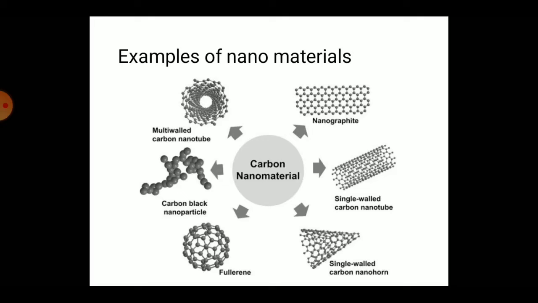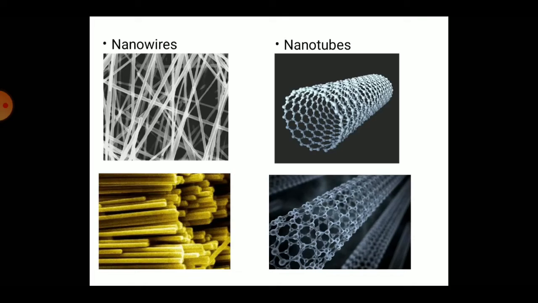So first we'll look into the examples of carbon nanomaterials which exist in different forms such as nanographite, multi-walled carbon nanotubes, carbon black, fullerenes, etc. Apart from them, your nanowires and nanotubes. So below your nanowires, you can see the first pic that is showing you the silver nanowires, and the next pic below that, it is showing you the gold nanowires. So these are the various examples of nanomaterials.